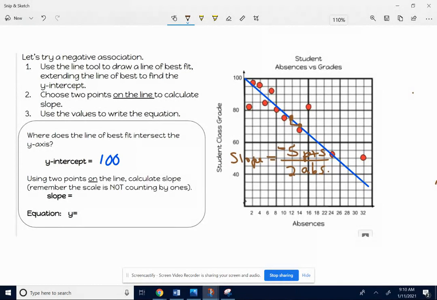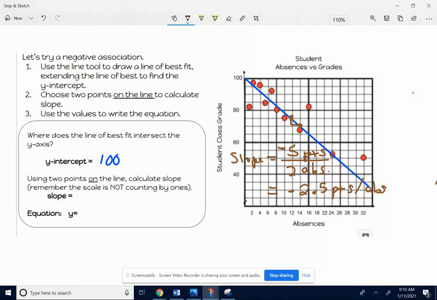So you could think of it as -5 over 2, or you could change that to a decimal and think of it as -2.5. Since I want to be using my calculator, I'll think of this as -2.5 points in your grade per absence. In general, these students are losing 2.5 points on their grade for each absence they have.